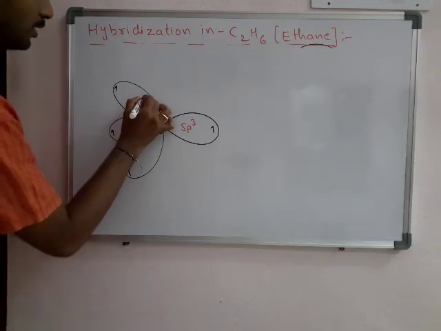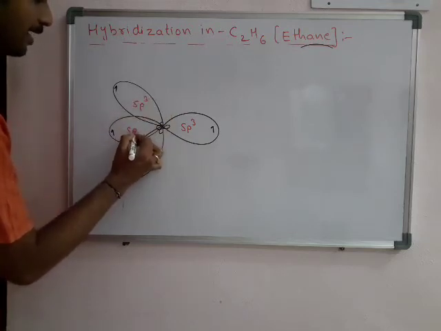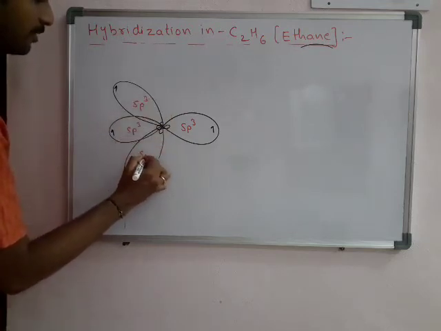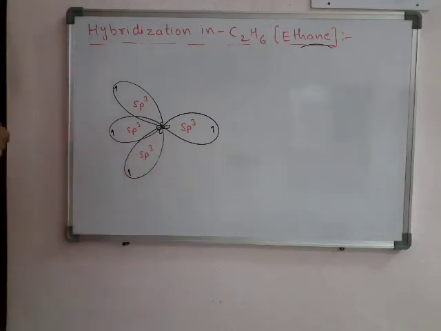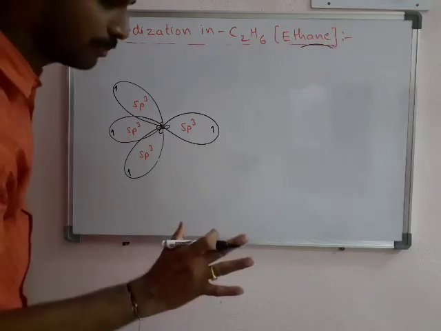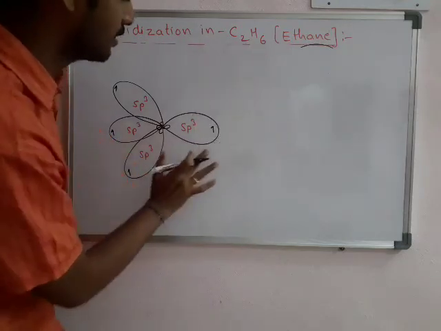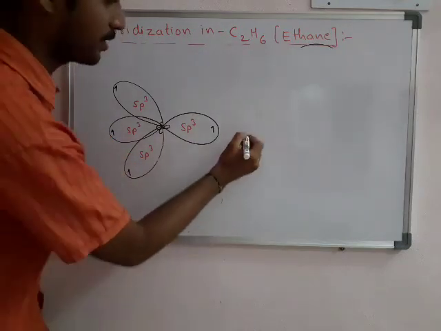Try to draw the bigger structures because we are writing all this information in it. So this is about the first carbon. Then what about the second carbon? The second carbon is also having the same 4 sp3 hybrid orbitals.